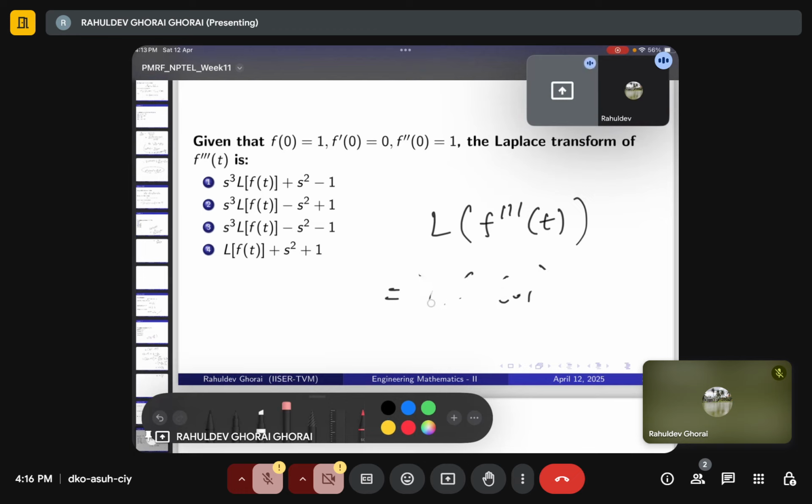So the formula is given also for n variable, but we can take for 3.